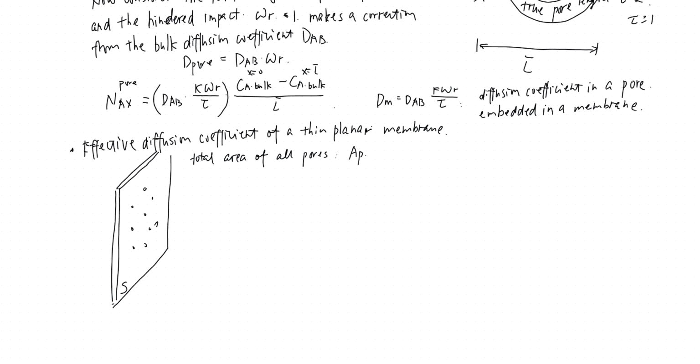We can also define a membrane porosity, epsilon, equals AP divided by S. So if you are asking what's the flux across the entire membrane, the solute flux across the membrane, not a single pore, so N_Ax.